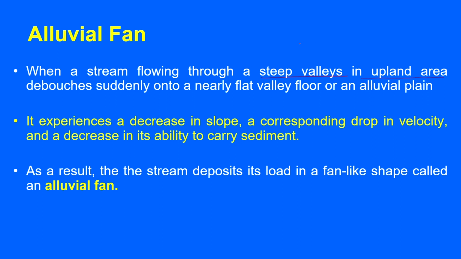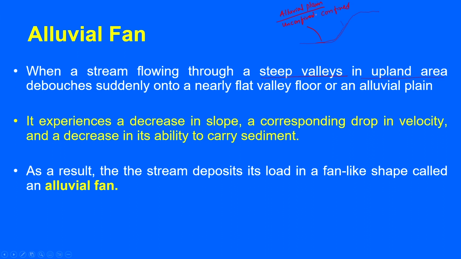So, if you say that this is the profile here and these are the hills. Okay. When the stream is flowing through a steep slope and suddenly it enters into the plain, in this area it will remain confined. Okay. So, we can say that the flow is confined in the upland, whereas in the plain areas, that is the alluvial plains, the flow will be unconfined.